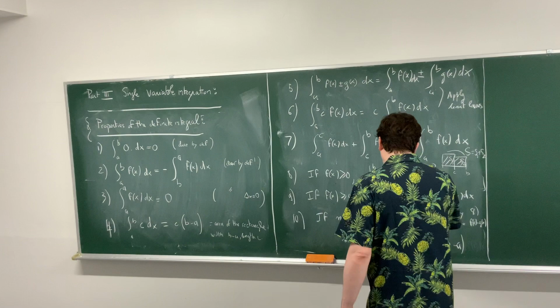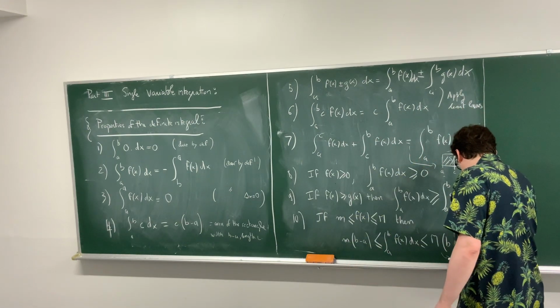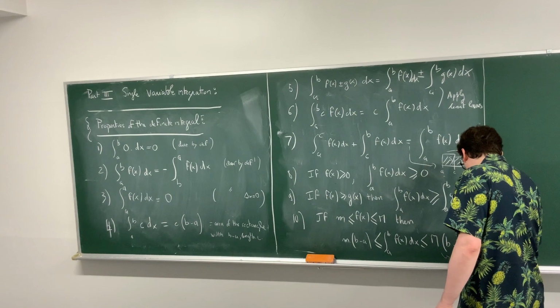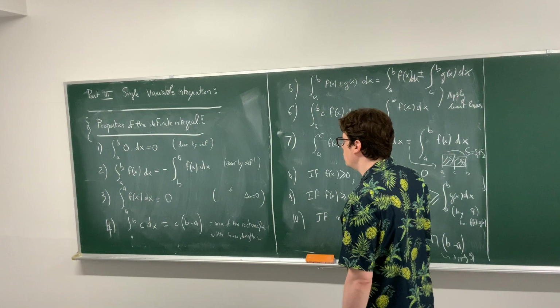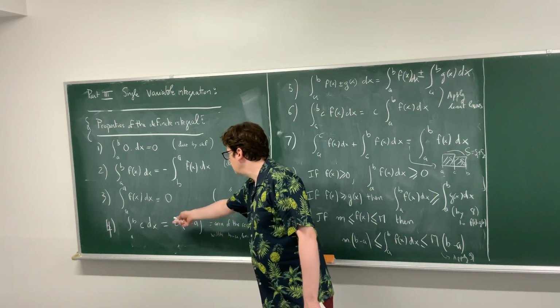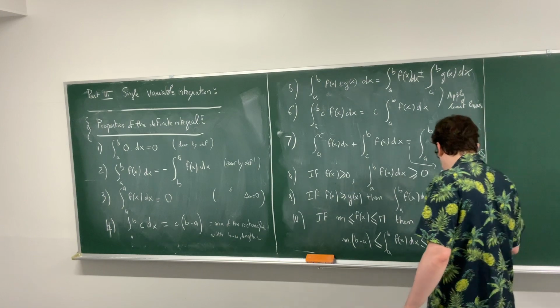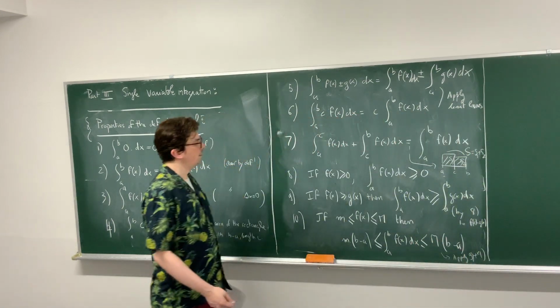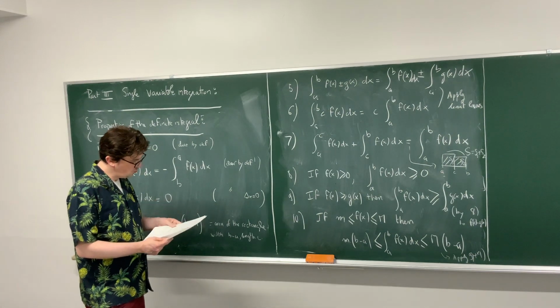And then here you apply 9, and you will also apply 4. Okay, you apply 9 and 4, and you will get the proof immediately. So these properties are very easy to check actually.